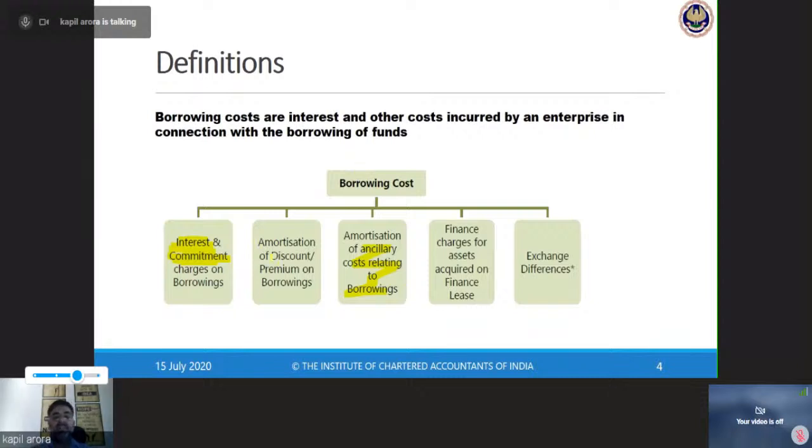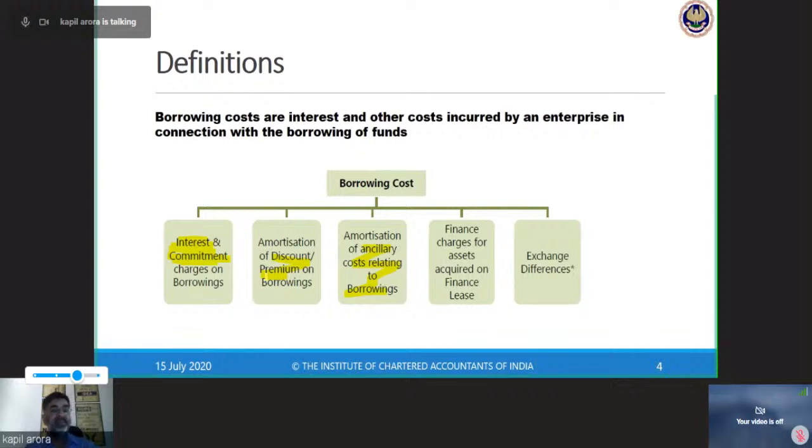Any premium or discount on the borrowing, for example, the issue of debentures. Borrowing is actually a vast term, I would say. I am borrowing from anybody, right? A loan is typically one type of borrowing. So: interest cost, any bank charges, amortization of discount or premium on borrowings.